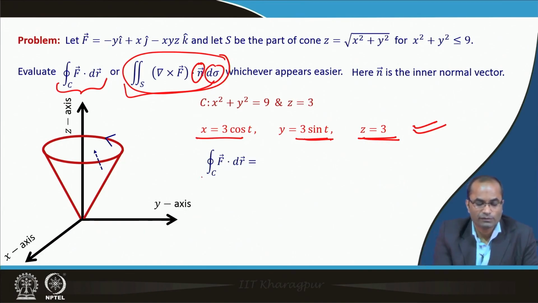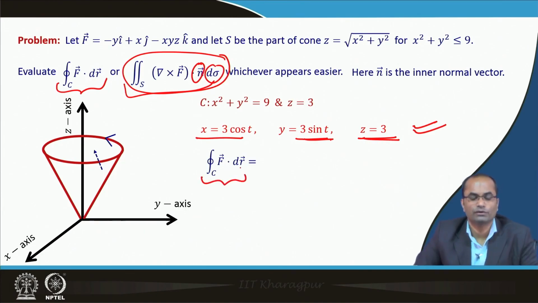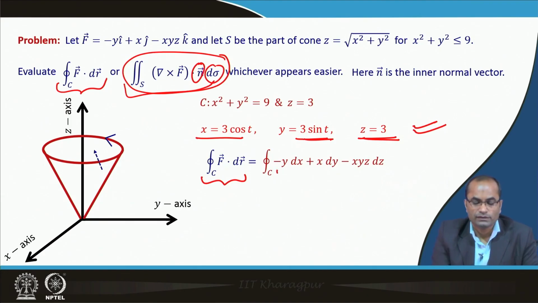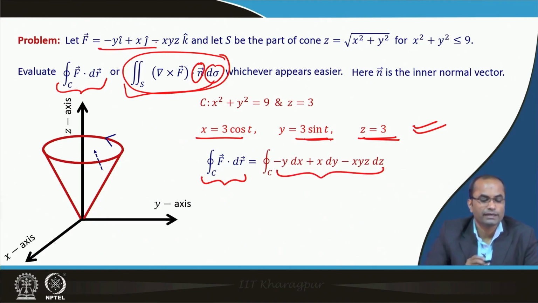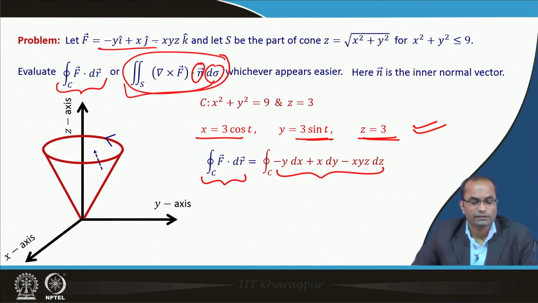So, coming to the curve integral F dot dr, F is given already here, minus y i plus x j minus x y z k, and then dr is dx i plus dy j plus dz k. So, this dot product we can make with this F. So, what was F?